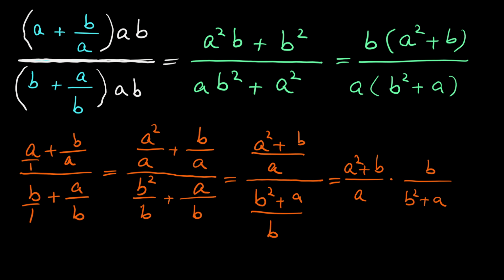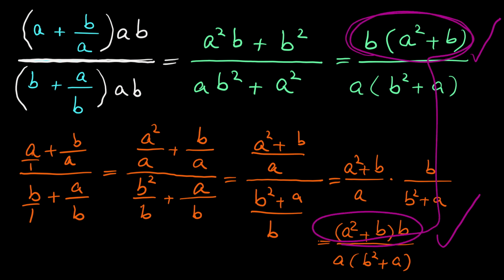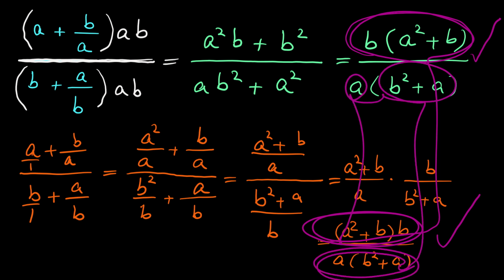Now multiply numerator by numerator, denominator by denominator. Because there is no common factor to cancel, the answer would be (a² + b) times b over a times (b² + a). If you pay attention, these two answers are the same.